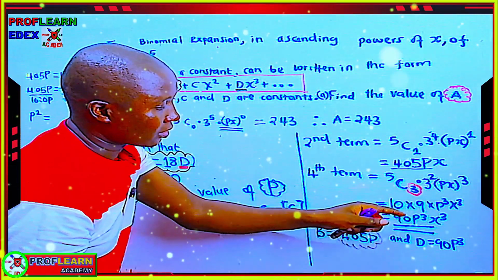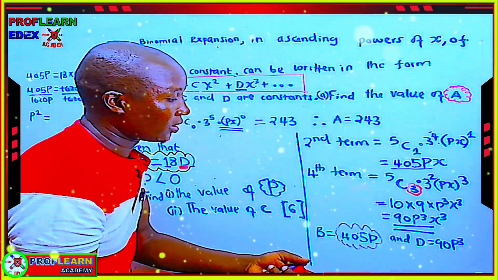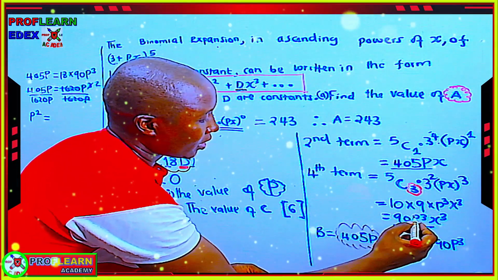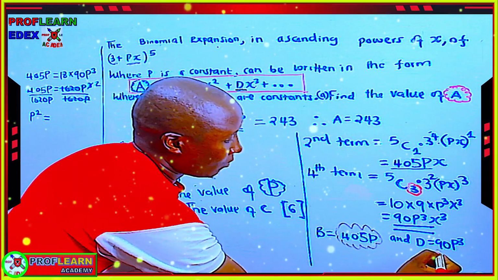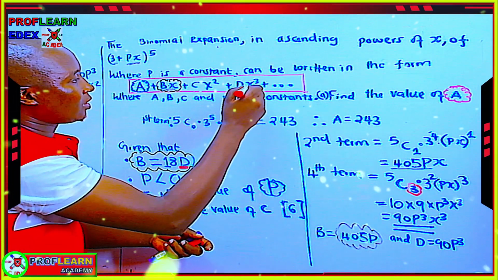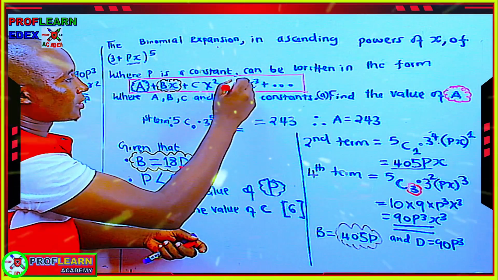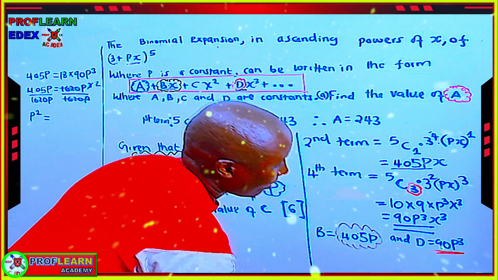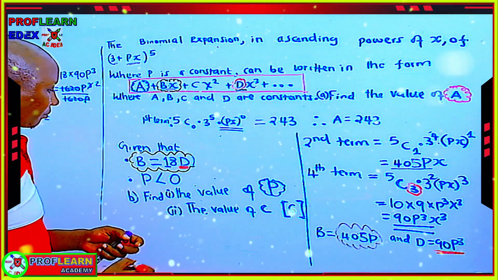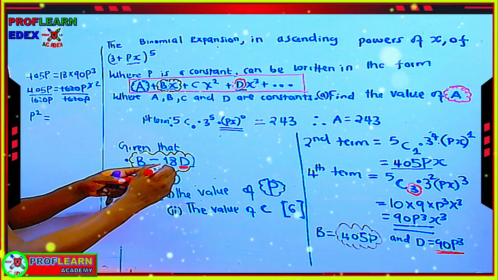So if you substitute this and put it in your calculator, this is going to reduce to 90p power 3. So the coefficient of x cubed in this case, which is D, is going to be 90p power 3. But we are talking of B is equal to 18D.